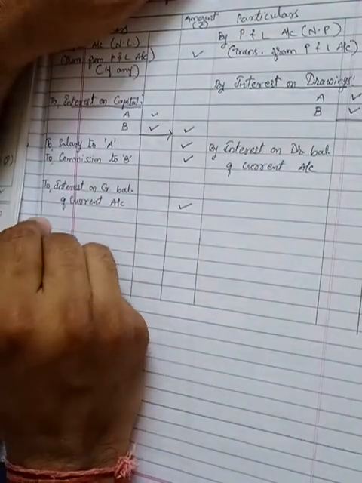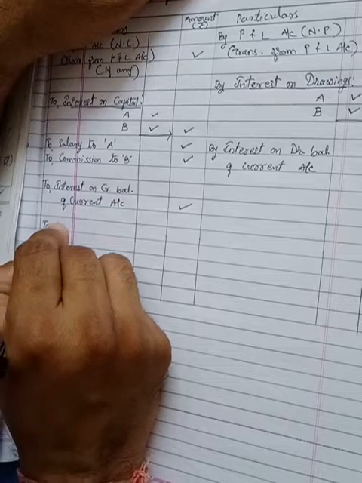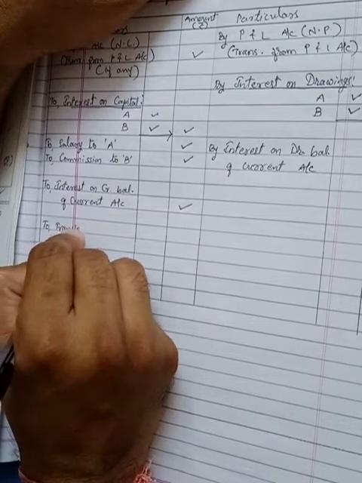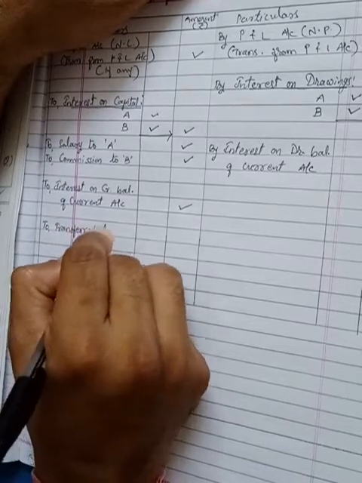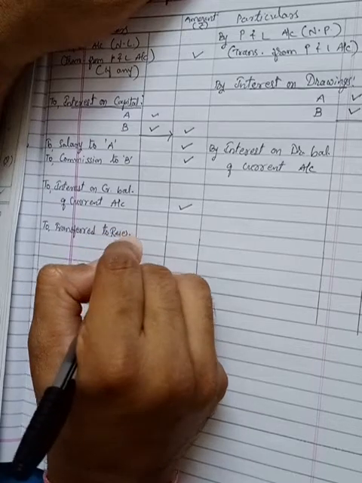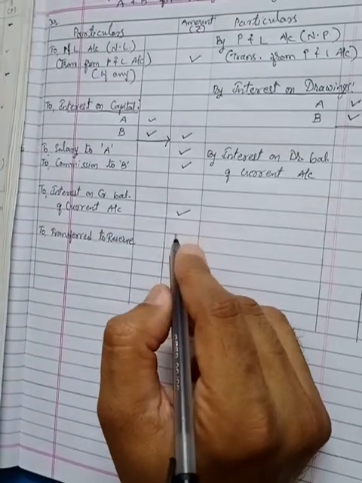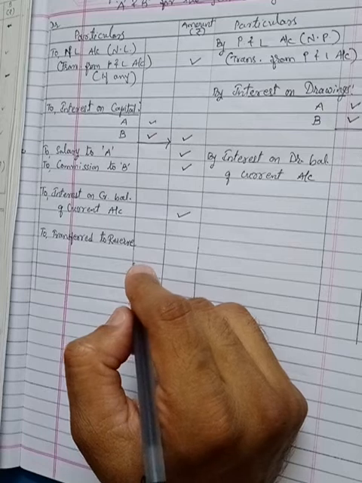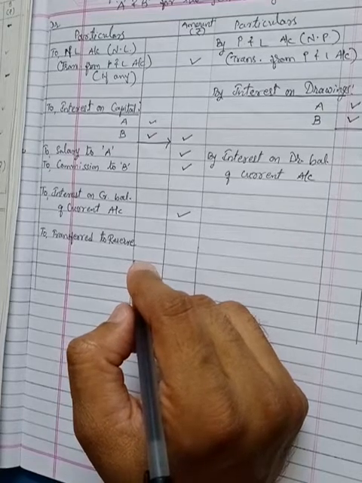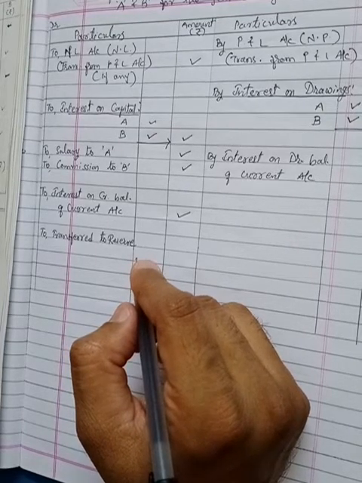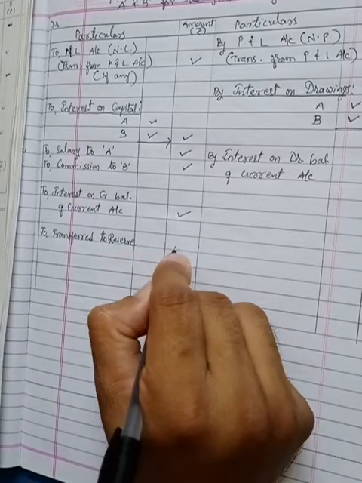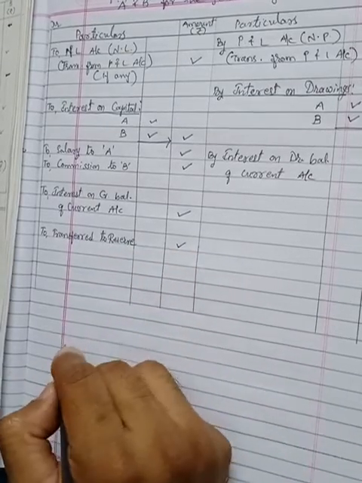So I am writing that on appropriation account debit side, transfer to reserve. I am writing only the reserve. Any name will be there. General reserve will be there. Any other reserve will be there, or maybe any fund if they have created, like building fund, will be there. So that will be shown over here as an appropriation of profit.